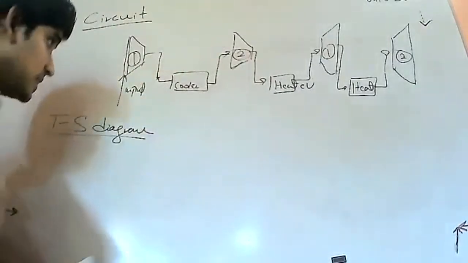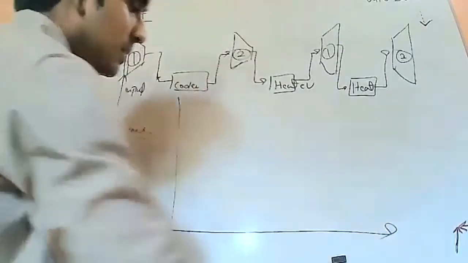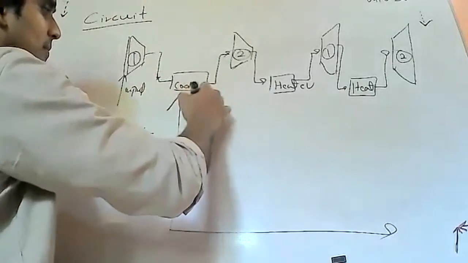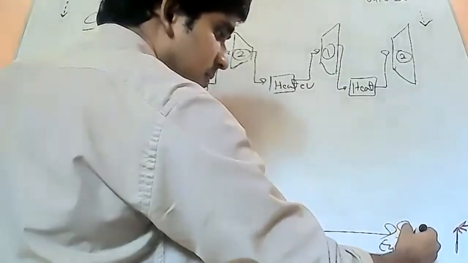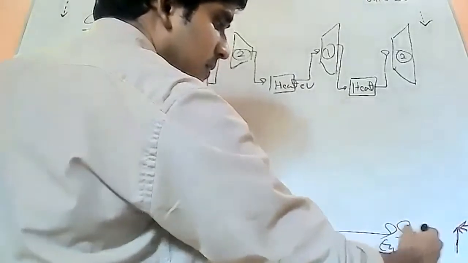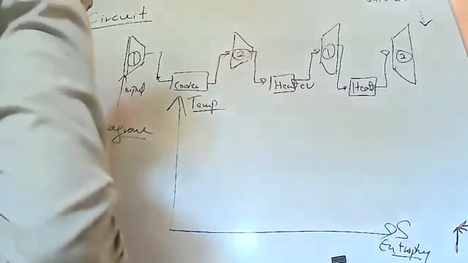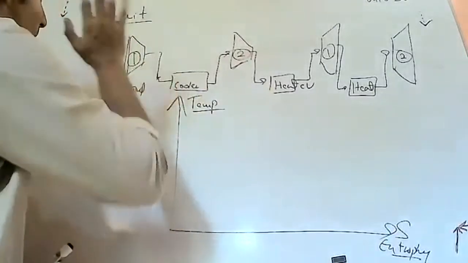Now let's see how to sketch the TS diagram. Very careful, right? So this is T, the temperature, and this is S, the entropy, right? That's entropy. Okay, so now first let's focus on this.